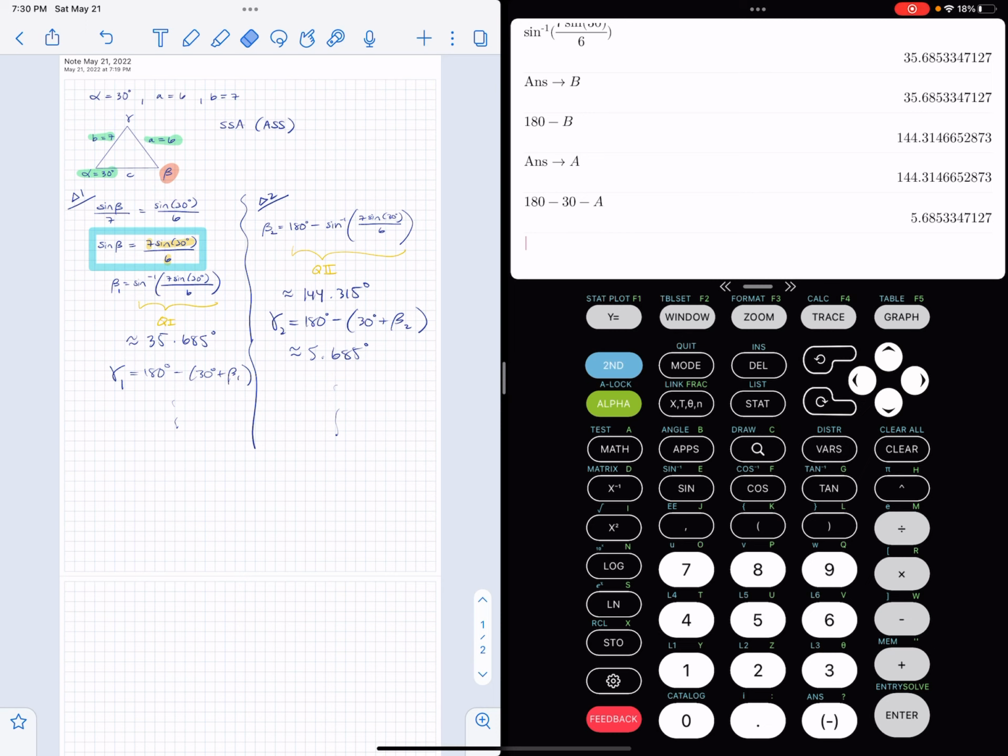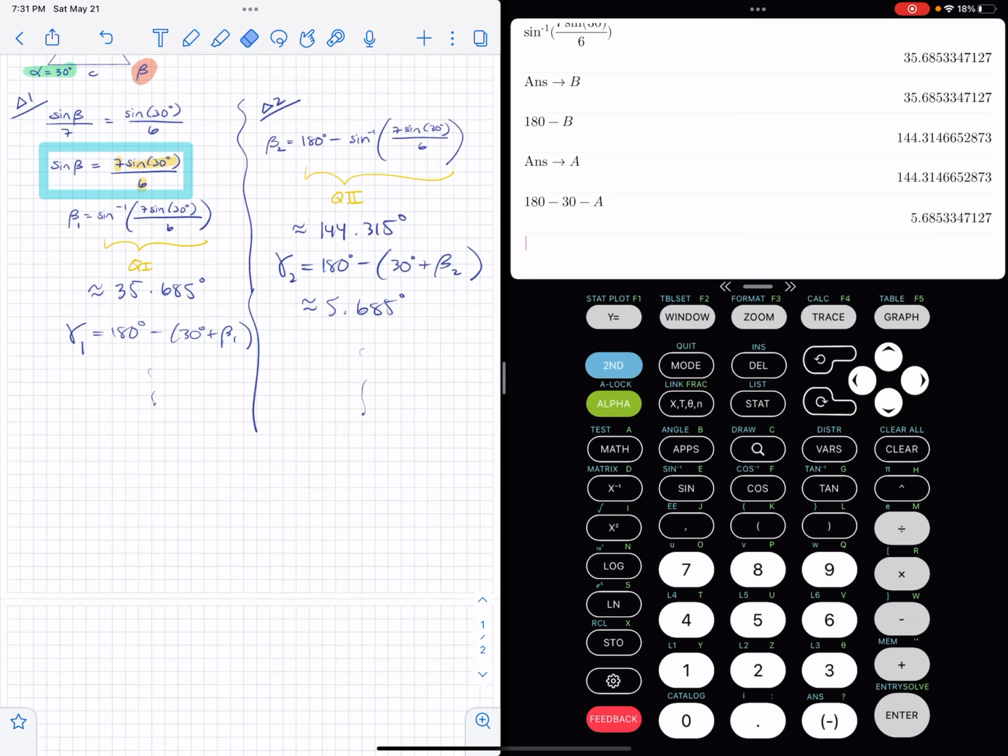However, if you don't want to think too much and you just want to test for a second triangle, that's fine. Or if you remember that when you're given an obtuse angle, there's not going to be a second triangle, that's another thing you can remember.